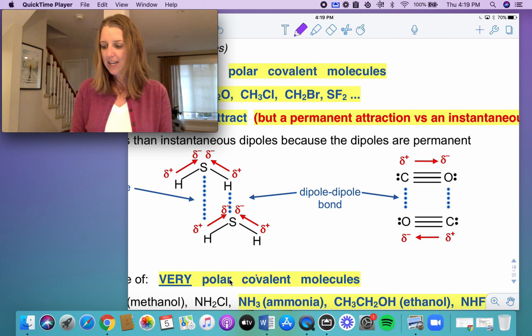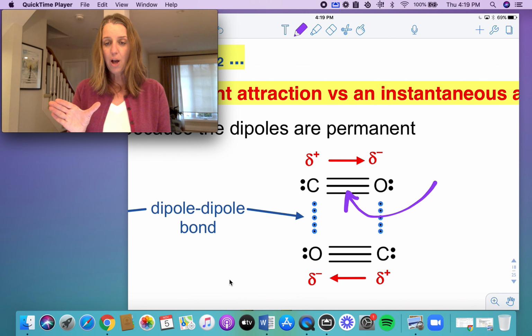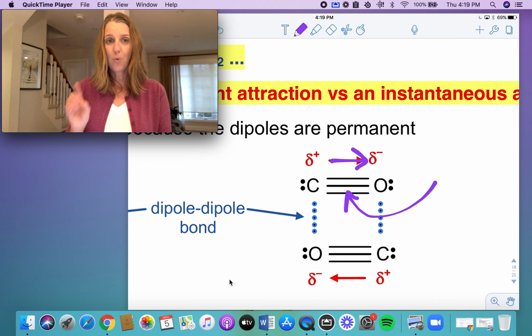Okay, and then can you see you've got carbon monoxide there? Again, you've got a polar molecule. Why? Because you had polar covalent intramolecular bonds. There's an overall polarity of the molecule, slightly negative towards this side. Why?